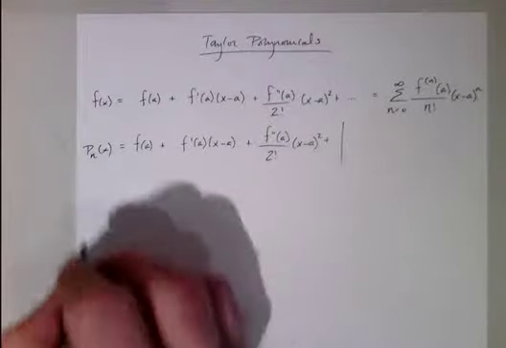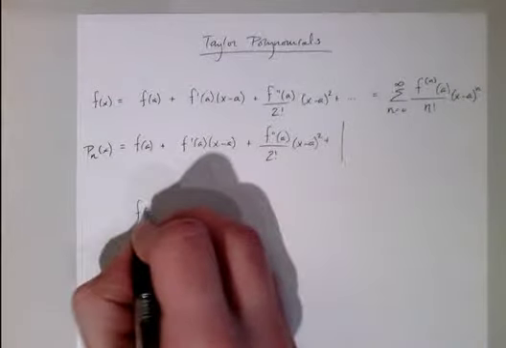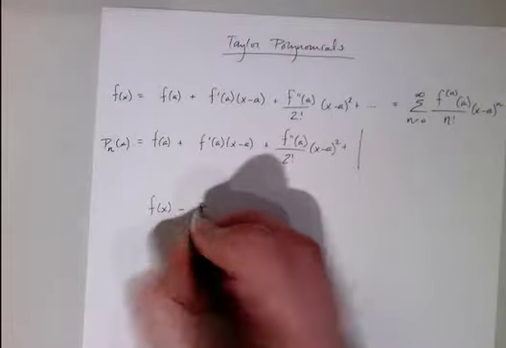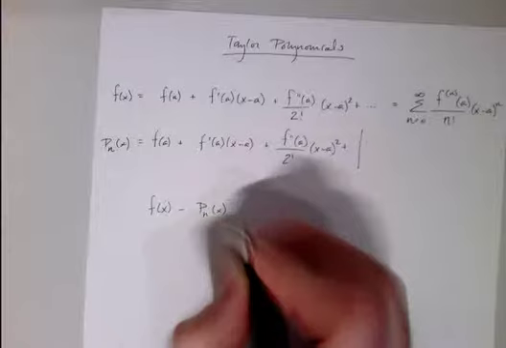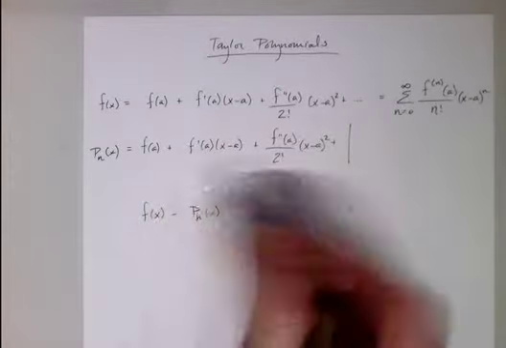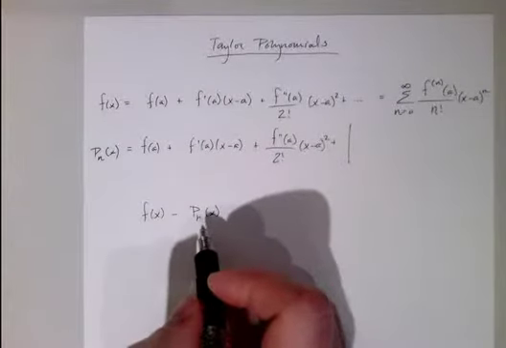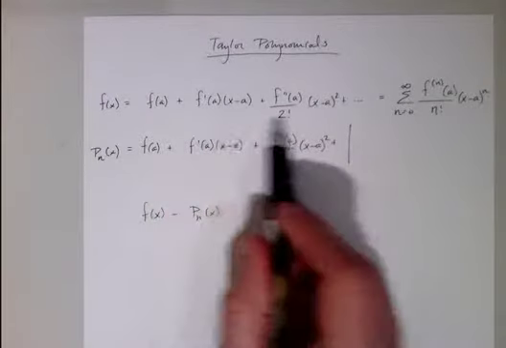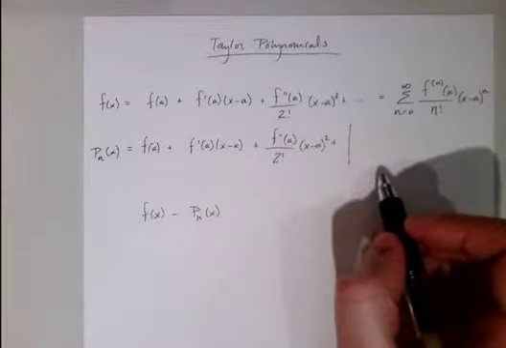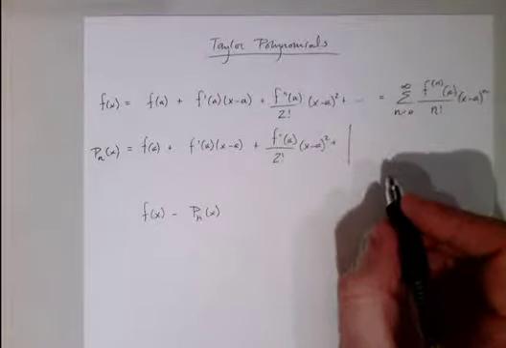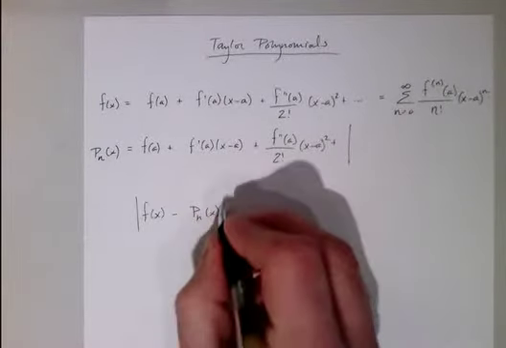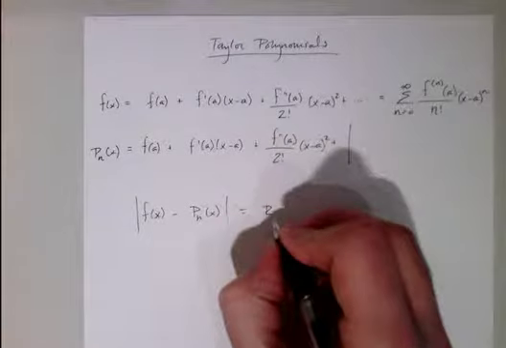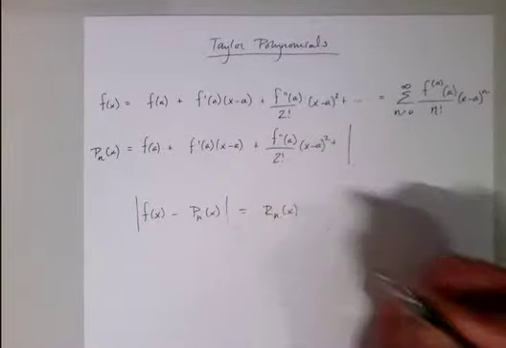Because basically, if you take the difference between f of x and p sub n of x, obviously f of x would be equal to p sub n of x if it had the remainder of the terms. So the difference between these is what we refer to as r sub n of x.